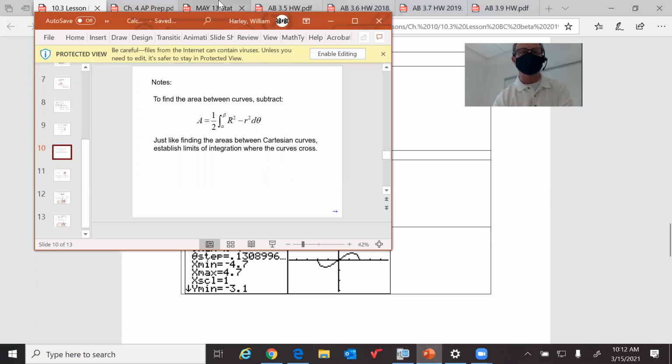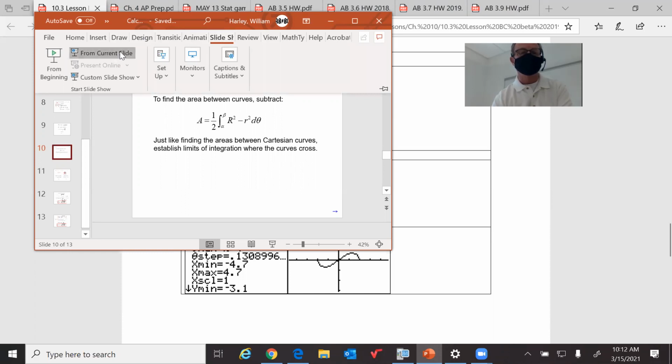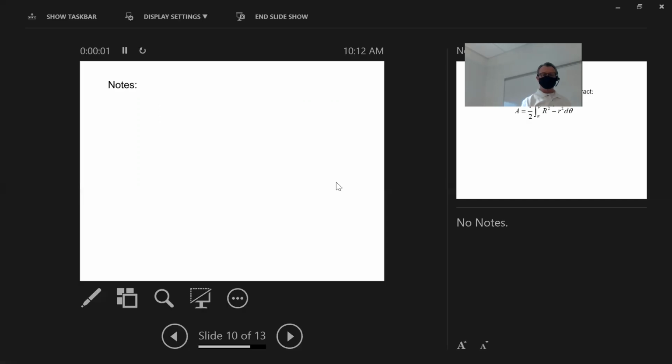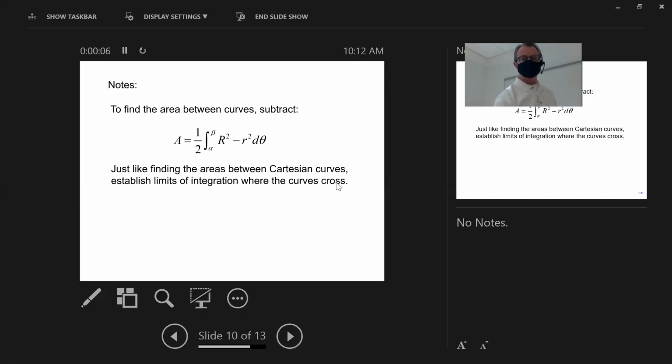Now, unfortunately, this is just one slide on the PowerPoint, because these PowerPoints are a little dated. This, if we get an FRQ, is most likely what you would see. You would see the area enclosed by 2 curves. It's big R squared, take away little r squared.